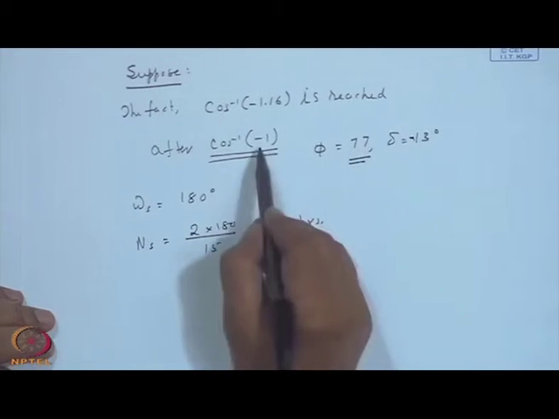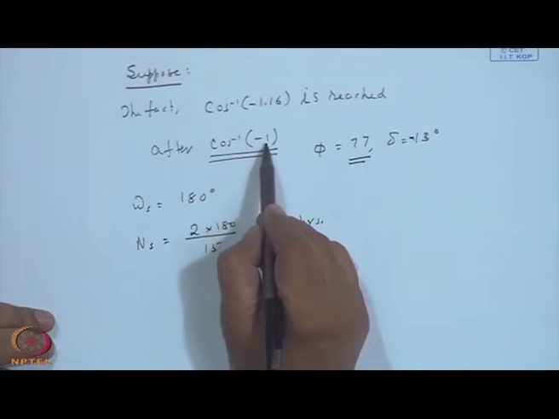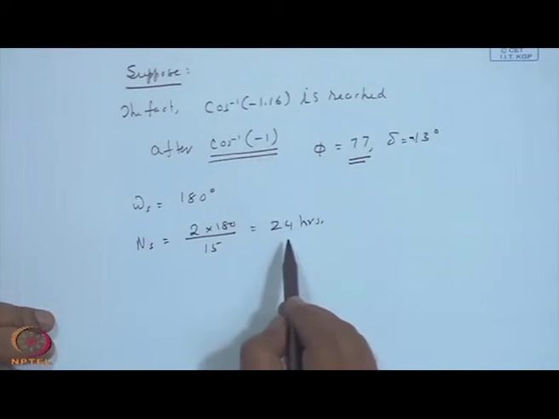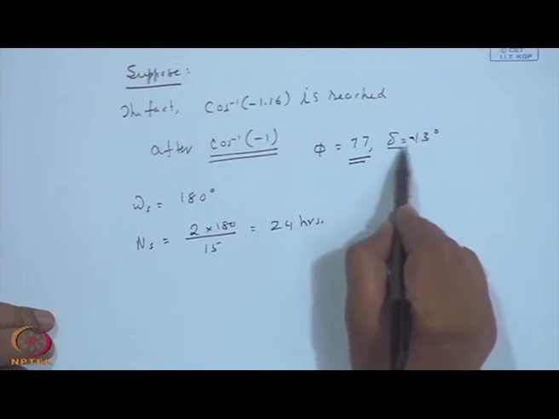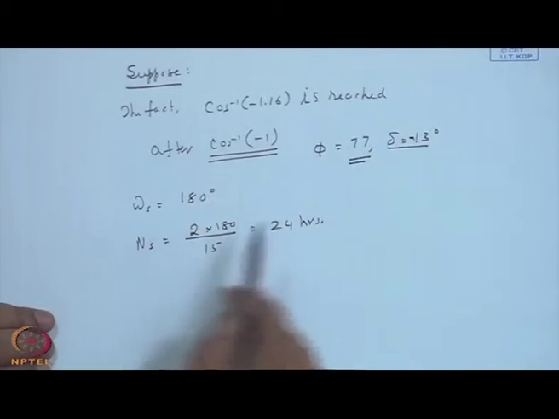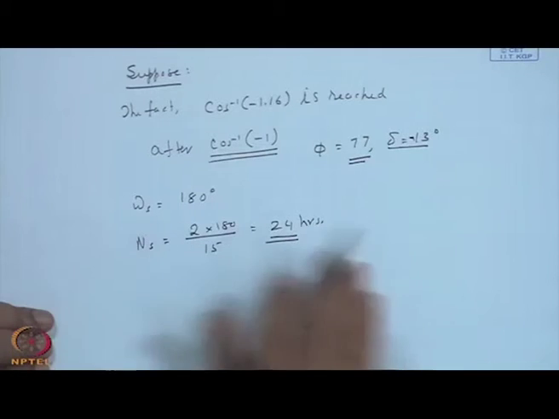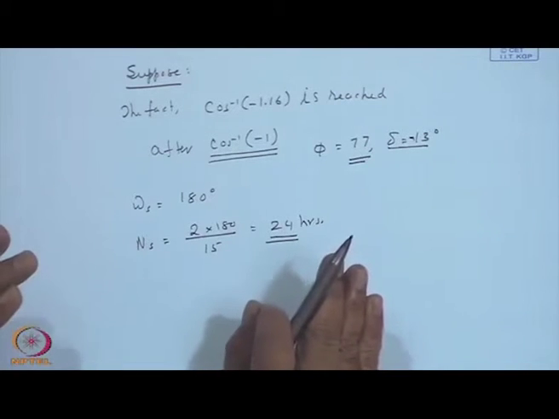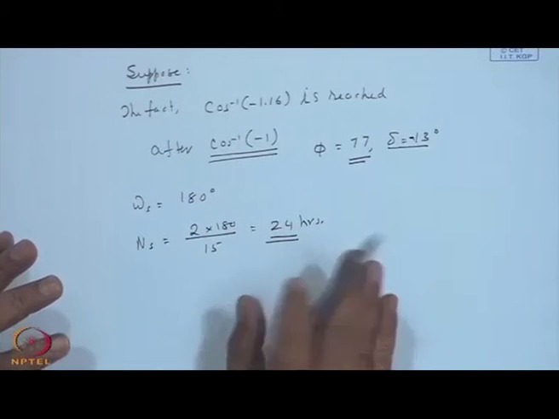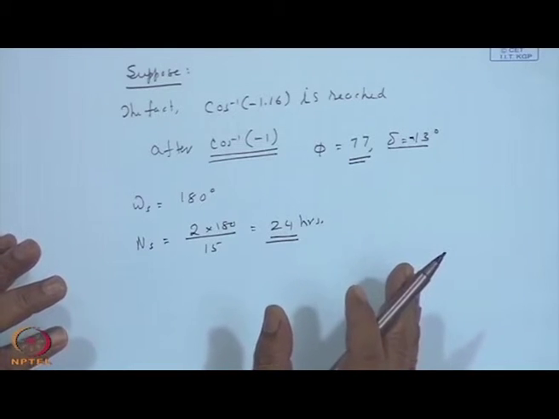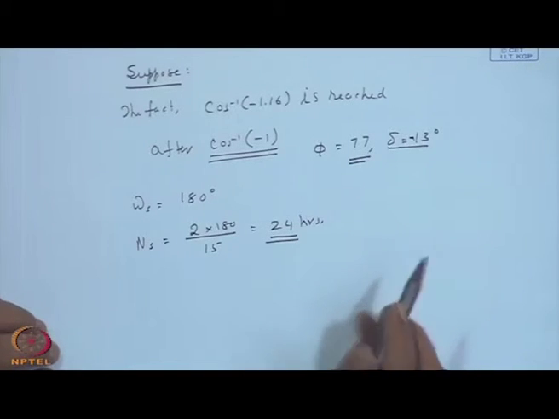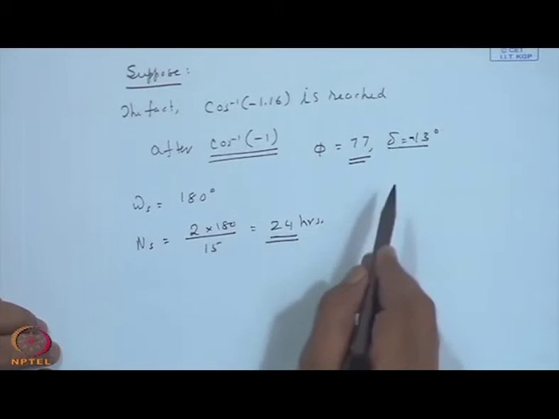Then I will be having a cosine inverse of a number of magnitude greater than 1. So when declination is equal to minus 13, you have reached this 24 hours daytime, and beyond which it remains 24 hours, since it cannot be more than 24 hours. So this is one thing.